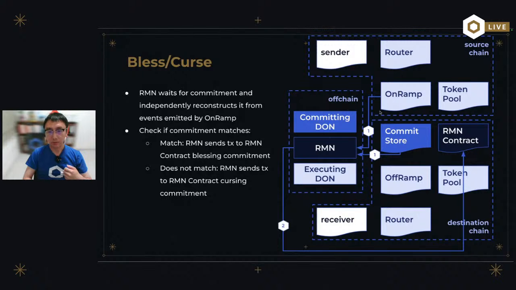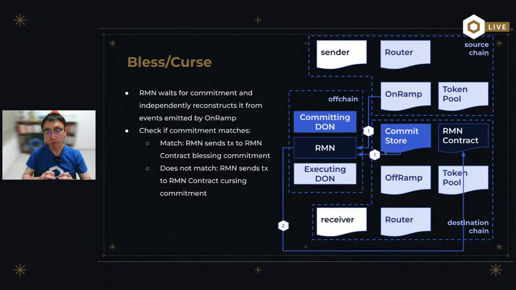When this message is relayed by the committing DON from the source chain to the destination chain, there is another off-chain infrastructure called the RMN. The full name of the RMN is the Risk Management Network. The Risk Management Network will check the Merkle proof and transaction hash saved in the commit store, which is called the commitment, and then reconstruct the Merkle root from all of this information.